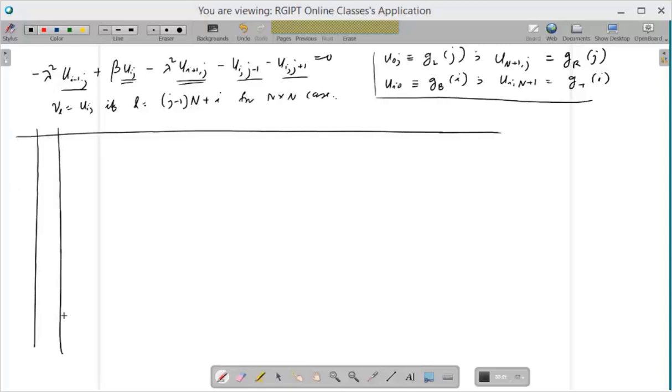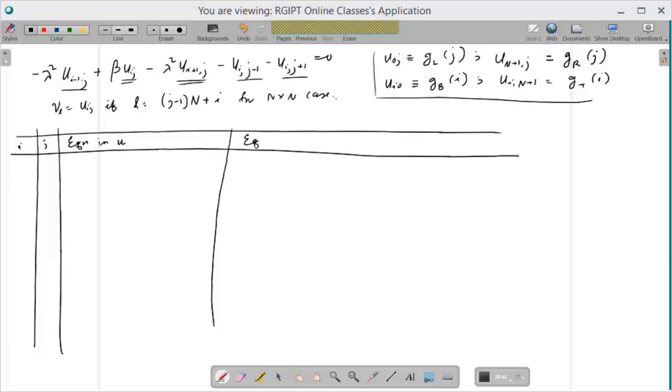Let's say I have i, j, and the equation in u. For each pair ij, there is an equation in u, and then I want to recast it as an equation in v.